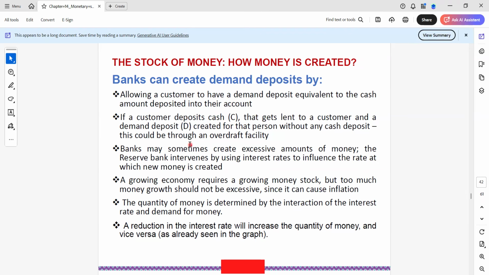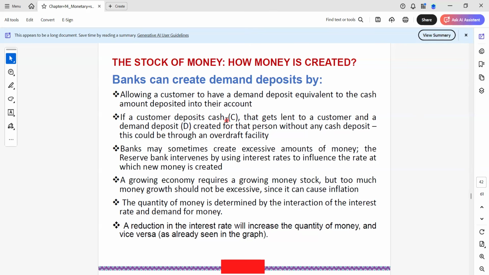If a customer deposits cash, that gets lent to a customer and a demand deposit is created for that person. So essentially what they're saying here is the same thing that I said there, but let me just explain it.